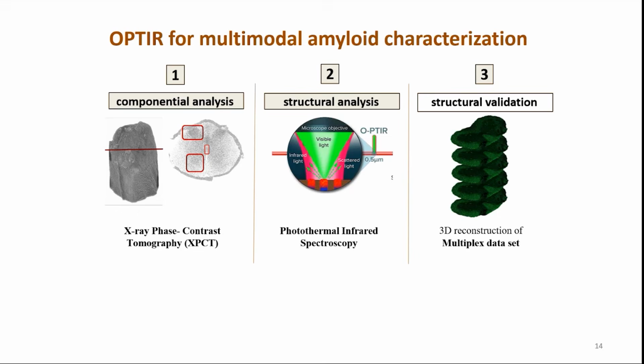In that way, we plan to reconstruct a 3D volume, and those sections are also going to be immunostained, and we will get another 3D volume that characterizes amyloid plaque distribution in tissue. The question here is extremely important.